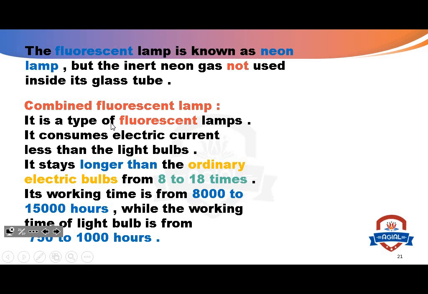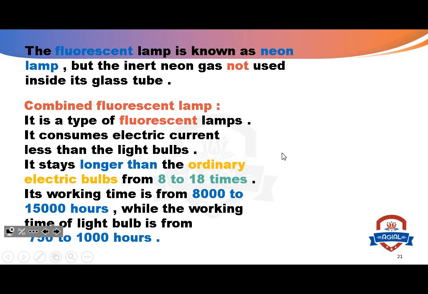Combined fluorescent lamp. It's a type of fluorescent lamp. It consumes less electric current than light bulbs. It lasts longer than ordinary electric bulbs, from 8 to 18 times.